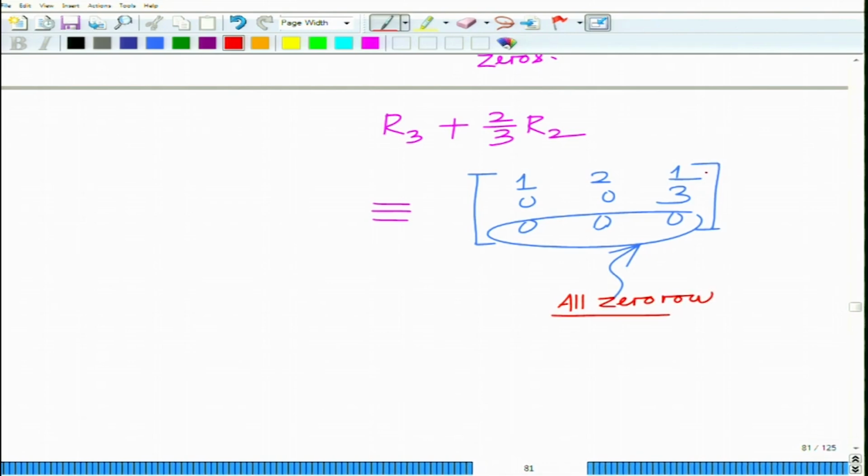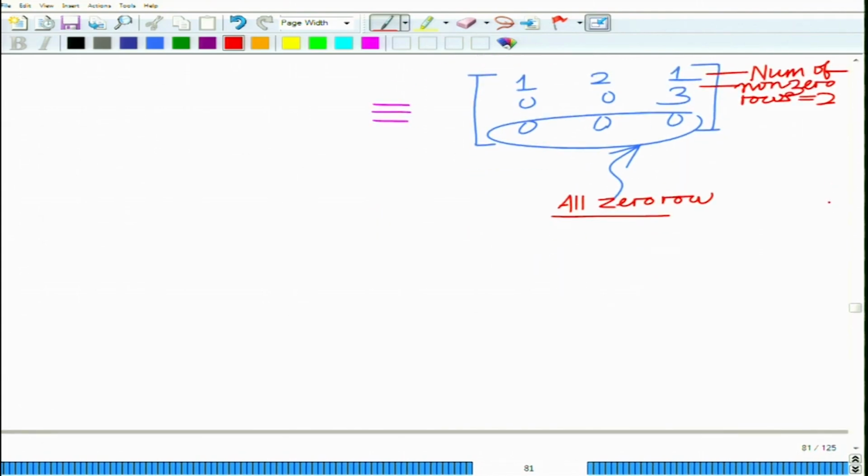So, the number of non-zero rows is equal to 2, and this implies the rank of the matrix is equal to 2.